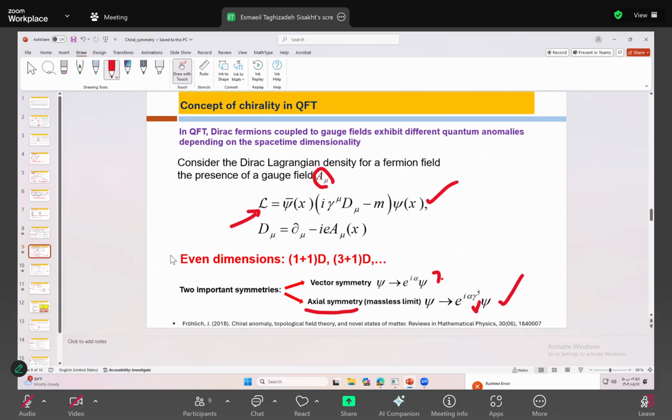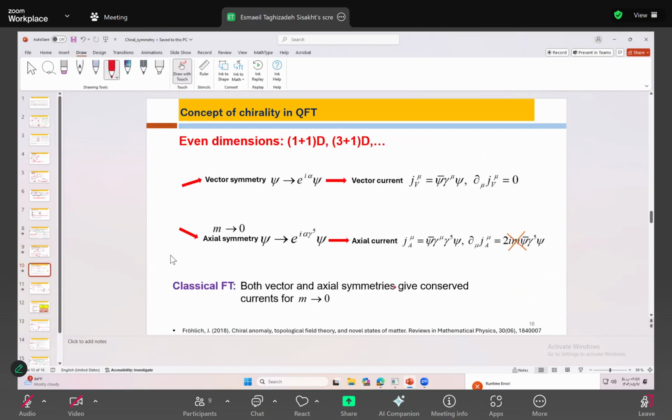For each of these transformations or symmetries, the first one is called vector symmetry. The second one is axial symmetry. For each of these two, we can attribute the corresponding currents, the vector current and the axial current.